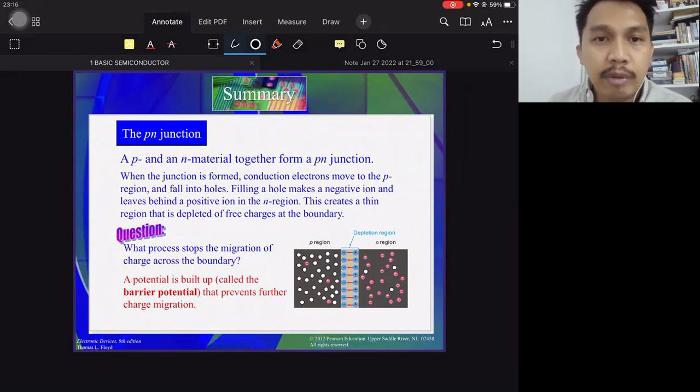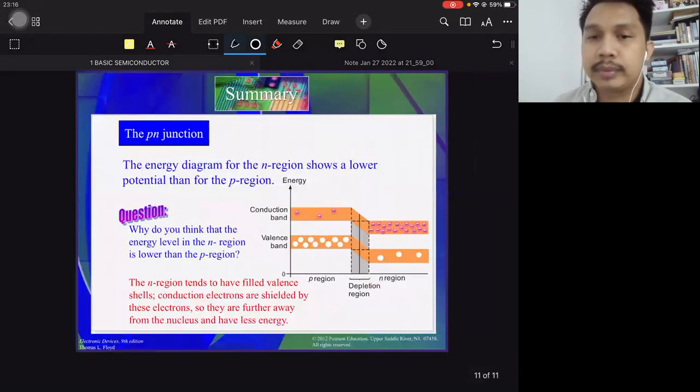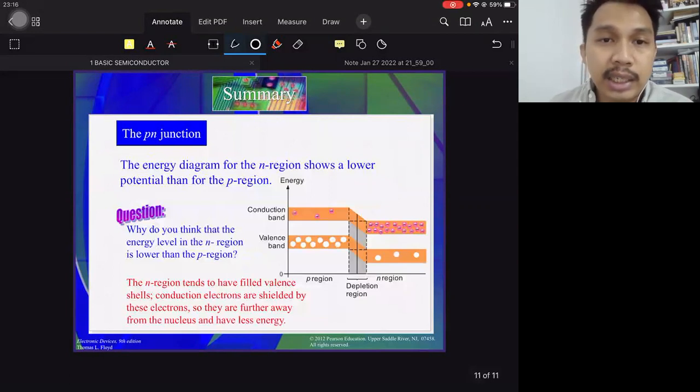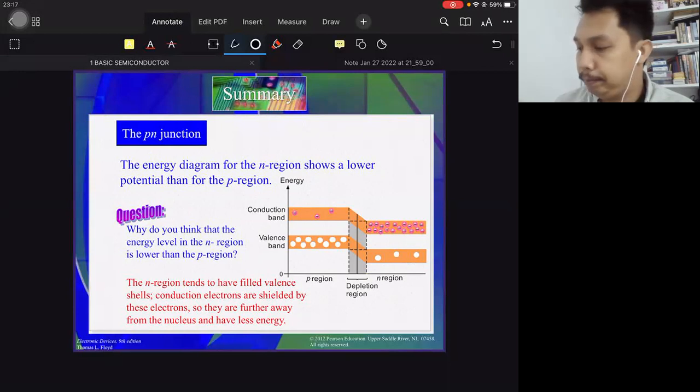An energy diagram for a PN junction at the instant of formation is shown in the figure. As we can see, the valence and conduction bands in the N region are at lower energy levels than those in the P region, but there is a significant amount of overlapping.